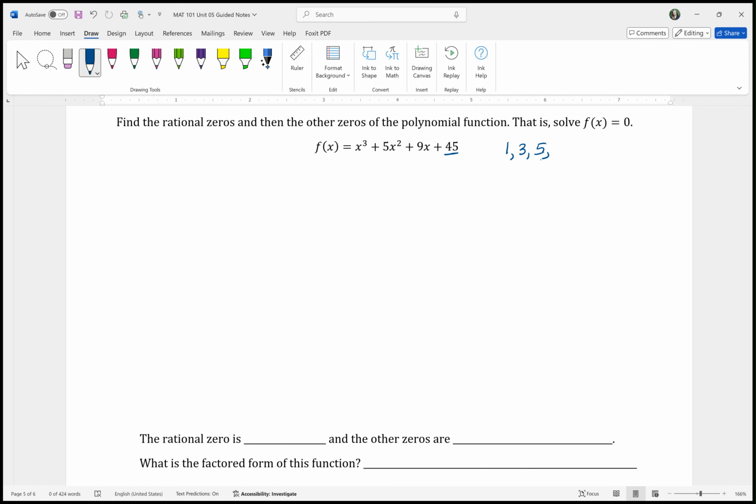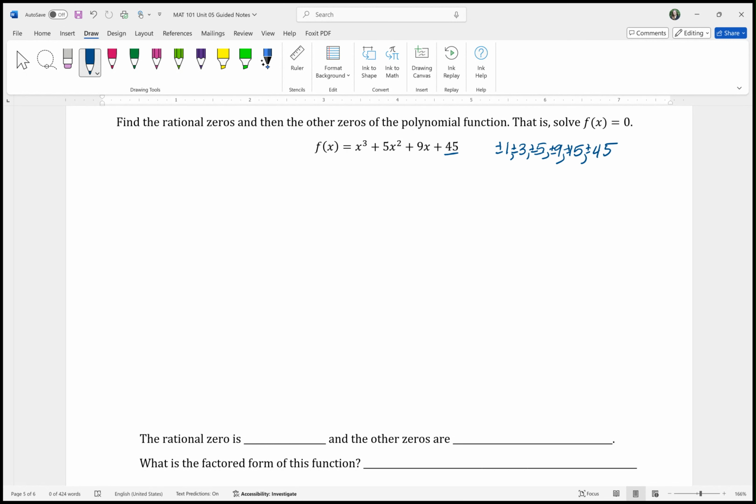And then what would that give us? 5, 6, 7, 8, 9. And then 15. And then 45. Okay. Probably not going to be 15 and 45, but you never know. And again, these are all plus minus for each one of these. So we don't know which one's going to actually work. We've got to sit here and figure that out.